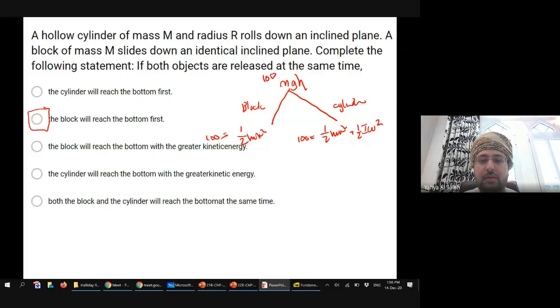So the block will reach the bottom first because it has a higher velocity. We cannot say with greater kinetic energy. Why? Because the total kinetic energy here is equal to 100, and the total kinetic energy here is equal to 100.